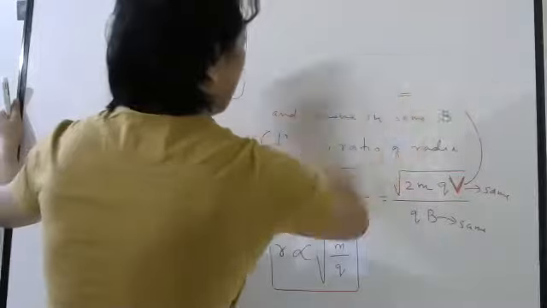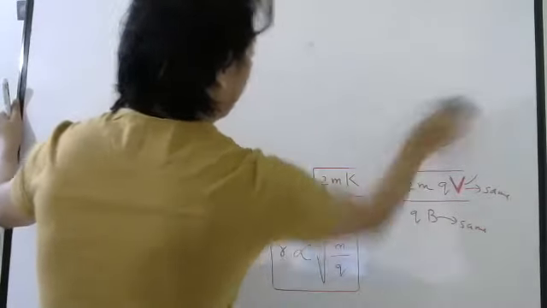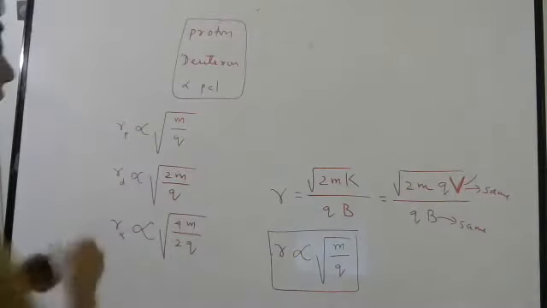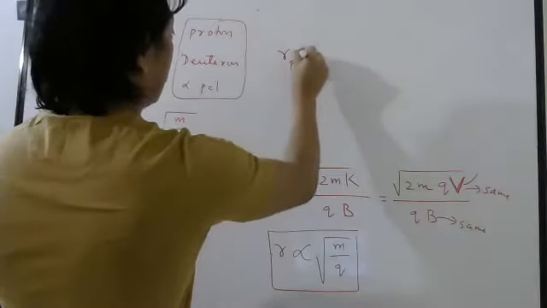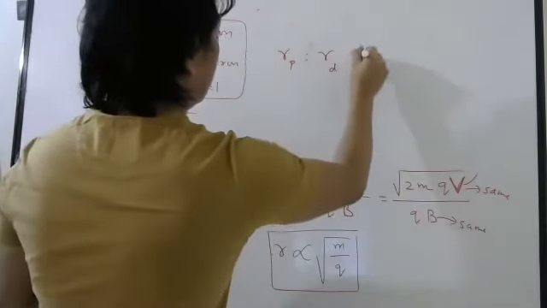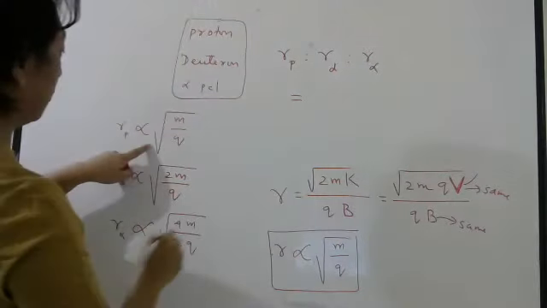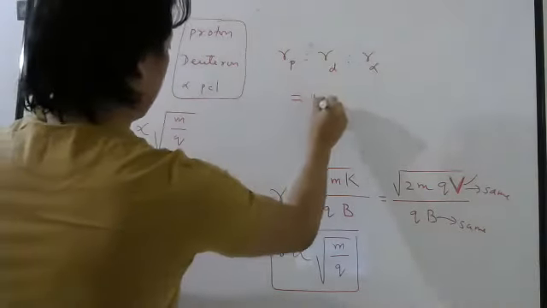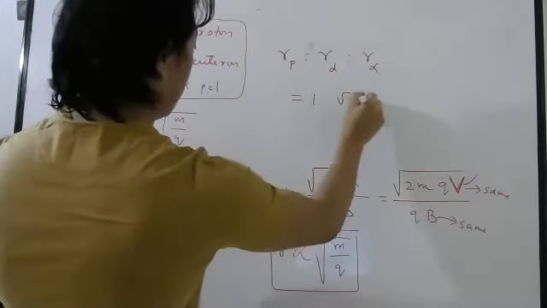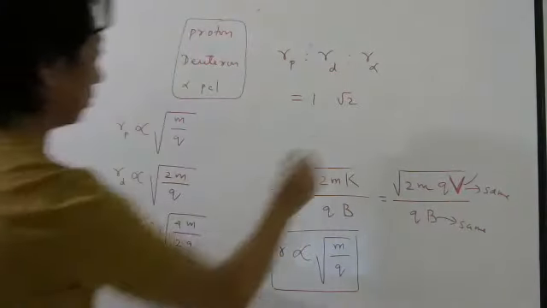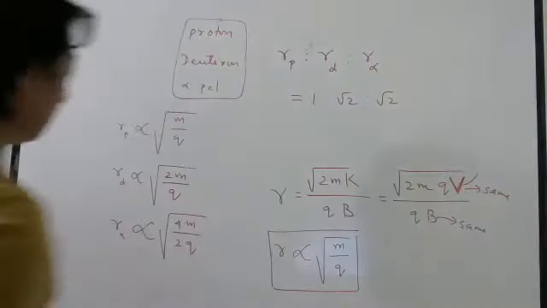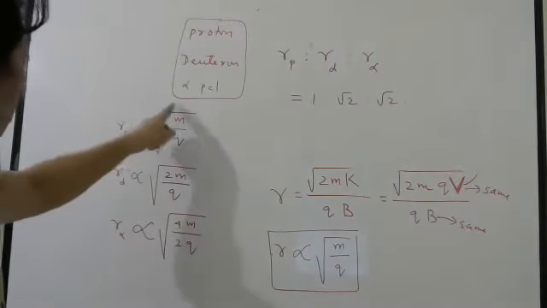So now if they ask what is the ratio of the radii, so radius of proton is to radius of deuteron is to radius of alpha. This is root over m by q. If I write 1, then this will be root 2 is to, this will be root 2. Right? Everybody understood, I think. So root over m by q.